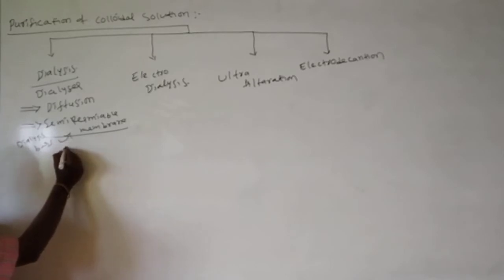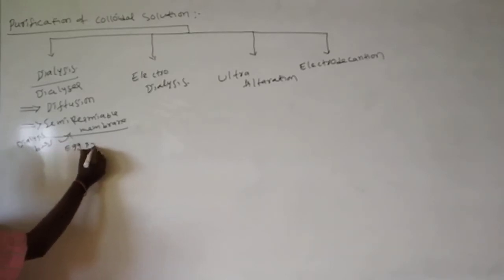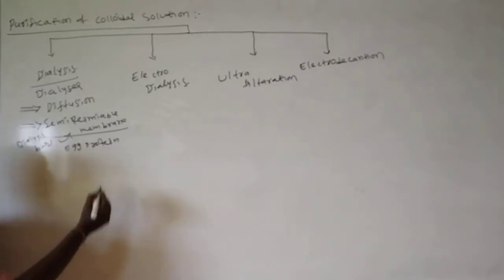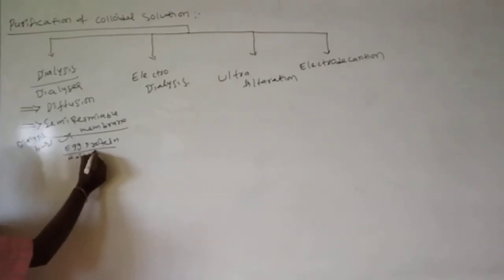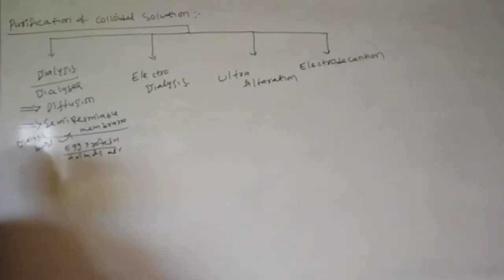A parchment membrane is a protein layer. An animal's air bladder is also used as a semi-permeable membrane.